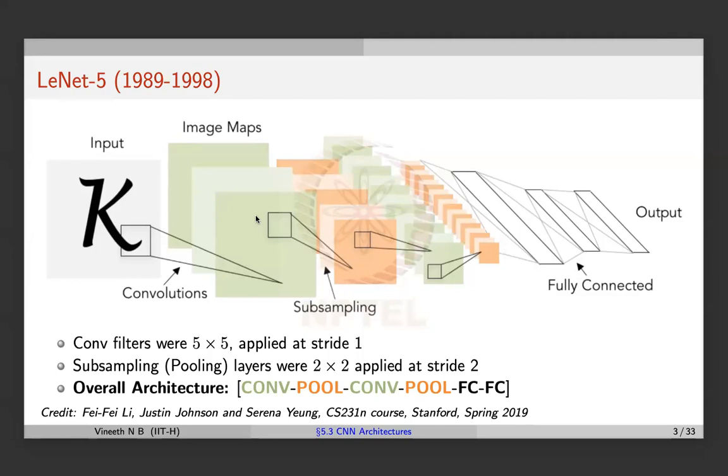Yann LeCun, a computer scientist, created this dataset of handwritten digits, and he used it to create this convolutional neural network that was able to predict the digits written on the image.